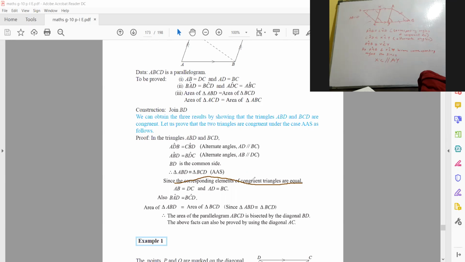That's the answer. So you can write it down.